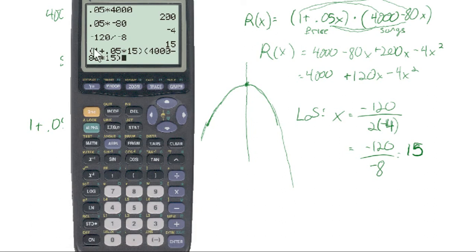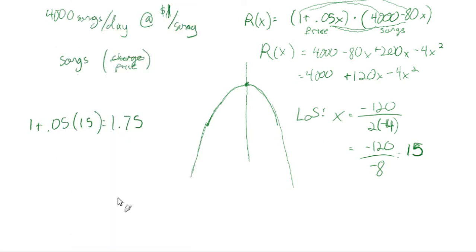We're going to lose 80 customers every time we increase the song price 5 cents, and we are going to do that 15 times. So now we hit enter, and we should make $4,900 a day. So R of 15, if we let the x be 15, that's 15 increases of 5 cents, we should make $4,900 a day. So we don't have as many customers, but we're charging more per song, and we're making $900 more than we were.